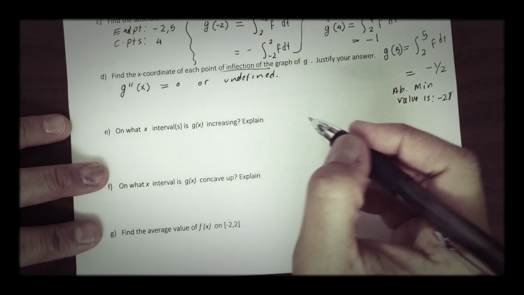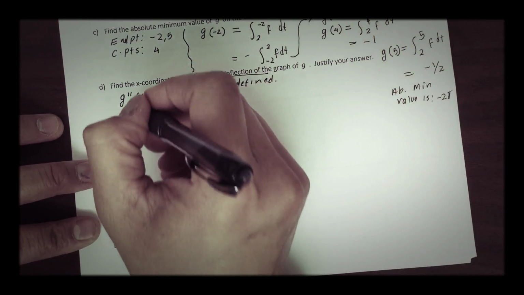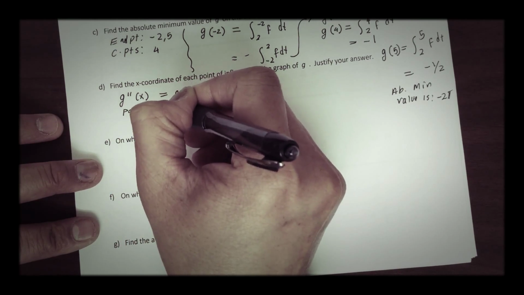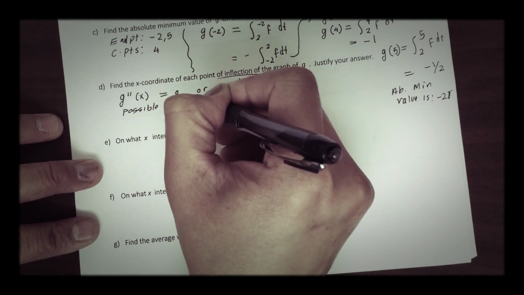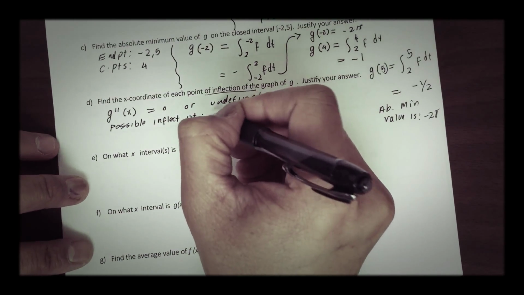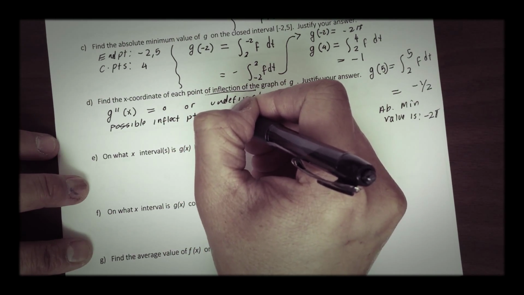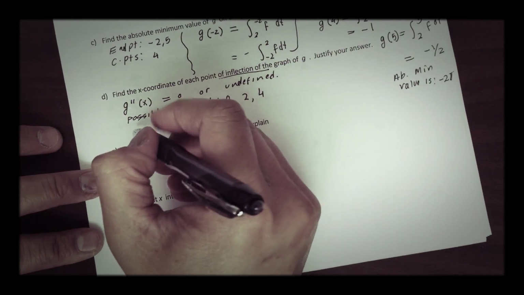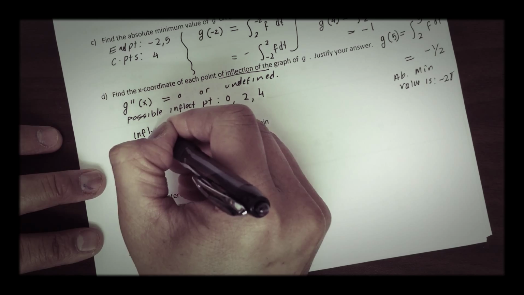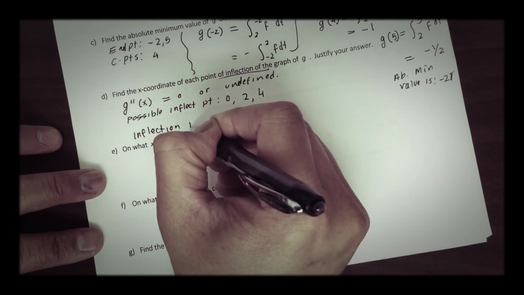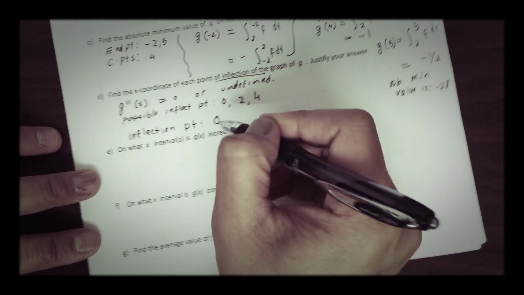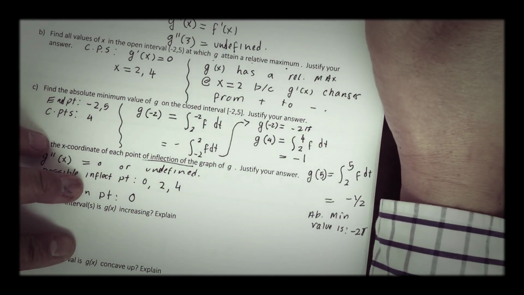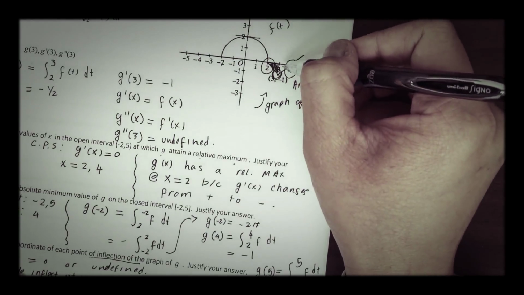So the possible inflection points will be at 0, 2, and 4, but I'm sorry, that should have been 3, not 4 right here.